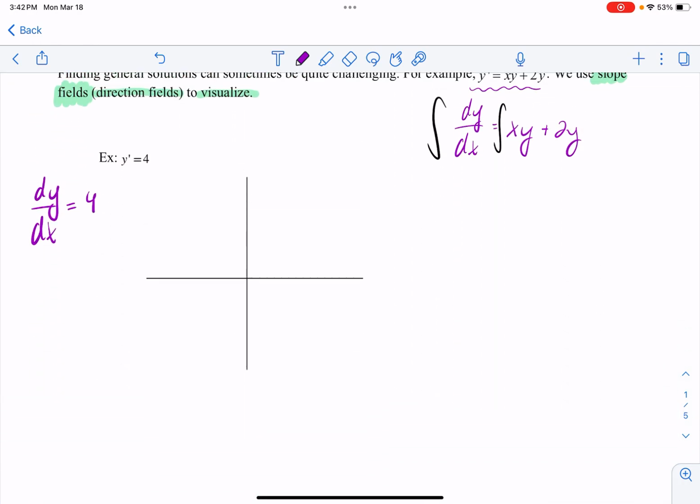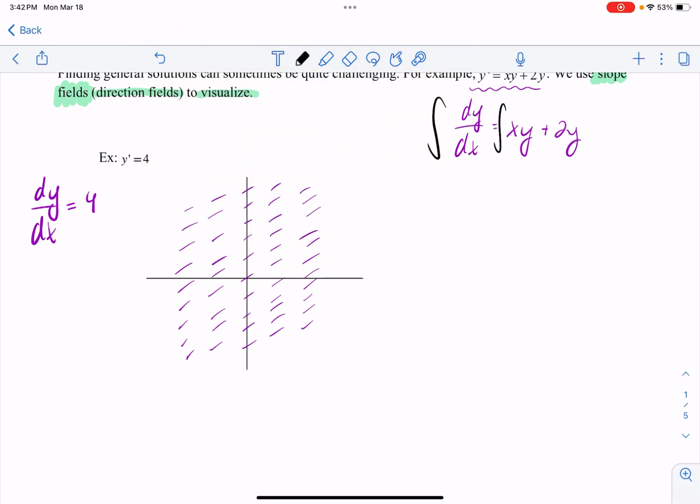So in our slope field, we just draw little tiny tick marks to represent the slope at any particular point. And there's an infinite number of these. I mean, I could go on forever. But each one of these slopes is equal to 4, and this represents a slope field.